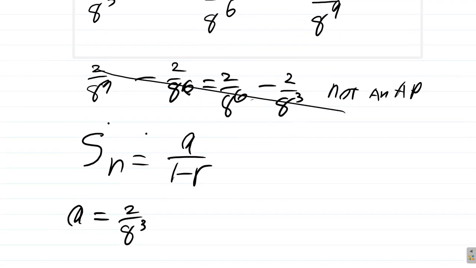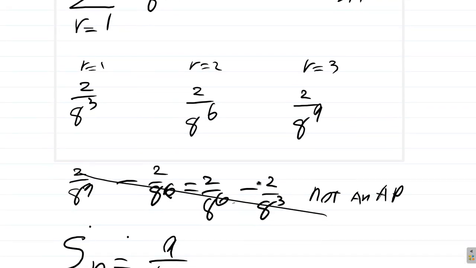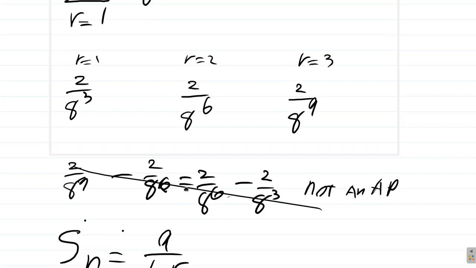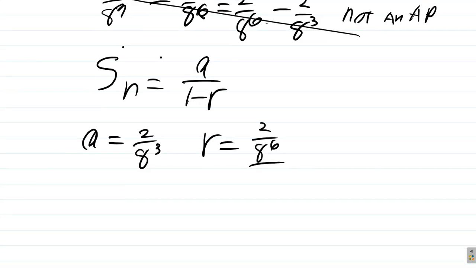So in finding r, it's 2 over 8 to the 6 divided by 2 over 8 to the 3. That's the same as 2 divided by 8 to the 6 multiplied by 8 to the 3 over 2.